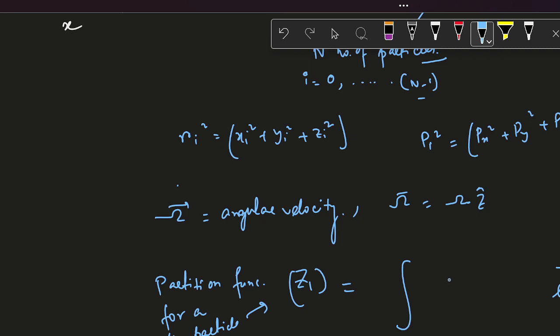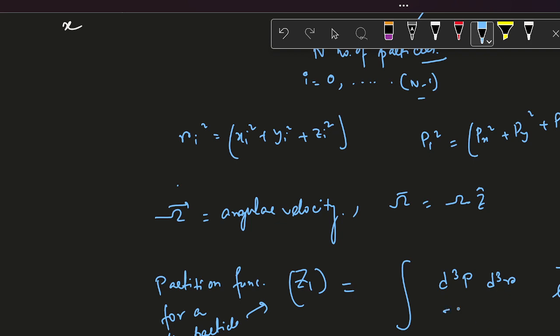Phase space means you have both momentum coordinates and position coordinates, so you have d cube p and d cube r, because these are all in 3D, so you have p_x, p_y and p_z, that's why you are taking the element as d cube p for the momentum space, and d cube r is just dx dy dz, the positional coordinate element.